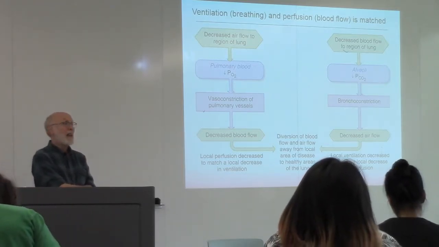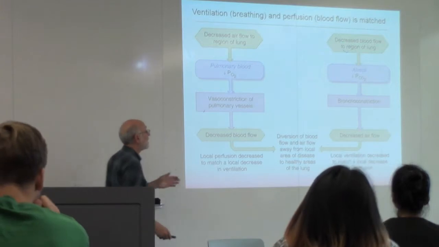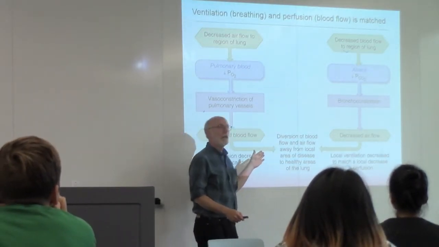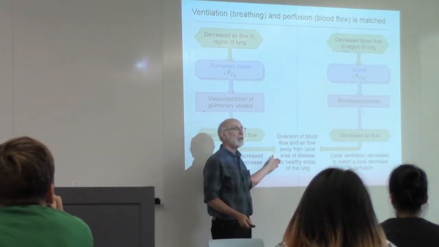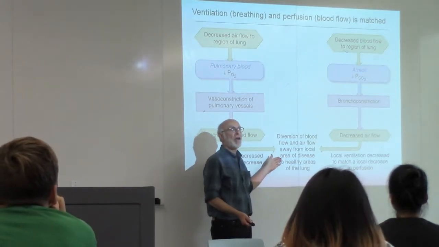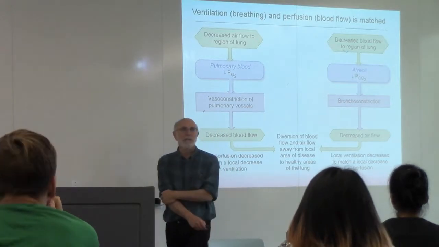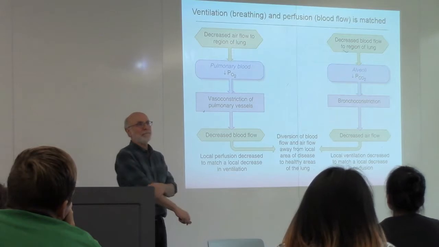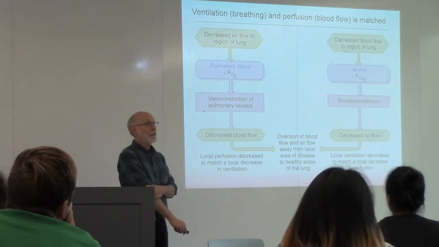It's a phenomenon that happens. And so the idea is that blood is diverted away from the areas where it's not going to be useful and to the areas where the alveoli are well ventilated. Ventilation-perfusion matching. We're going to see that in lab this afternoon, actually.